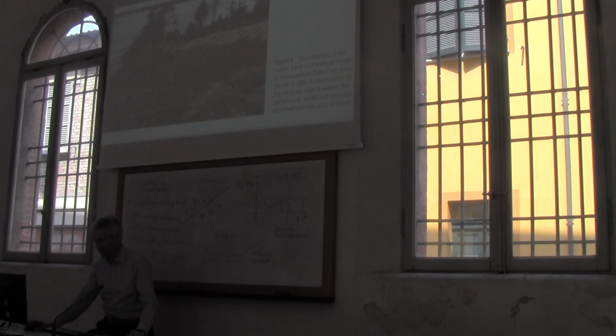You see that there are trees on the other side of the dune and brushes on the seaward side. And this is a typical configuration of dunes. On the landward side of the dune you find trees because they are less exposed to the spray. Here they are very close to the dune.